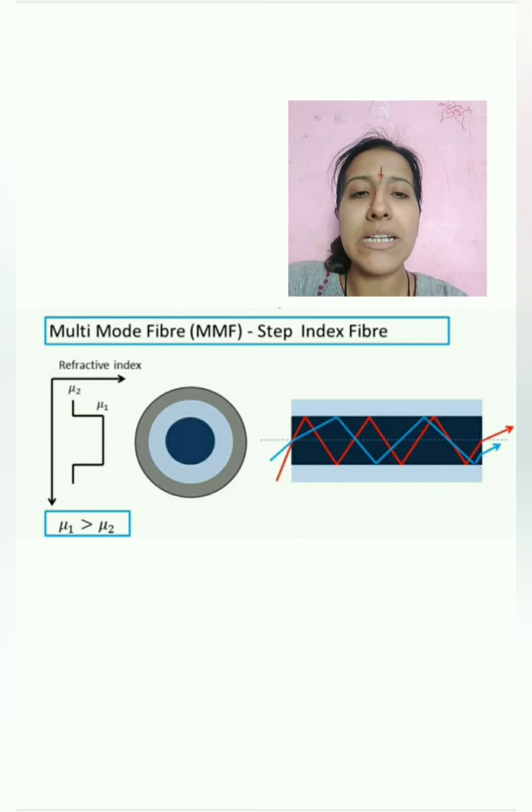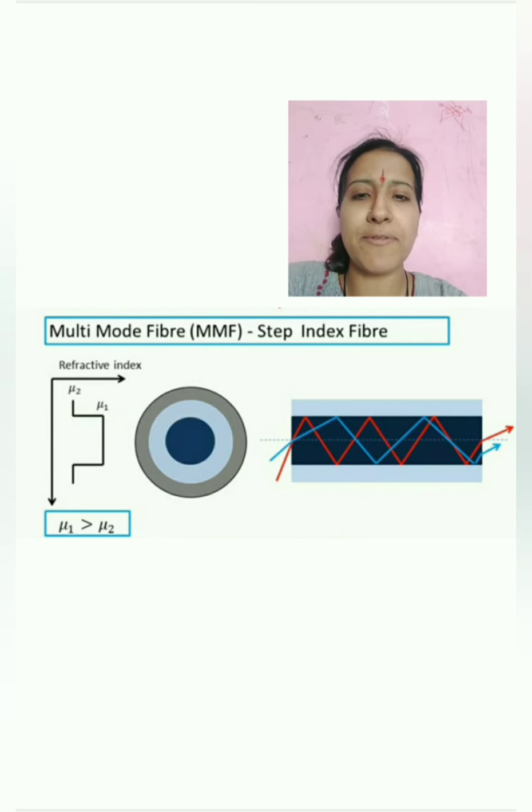It means multi-mode means different light rays can pass with the help of different angles from one position to another position. Hence, this can be called as multi-mode optical fiber. This can also be represented as MMF.